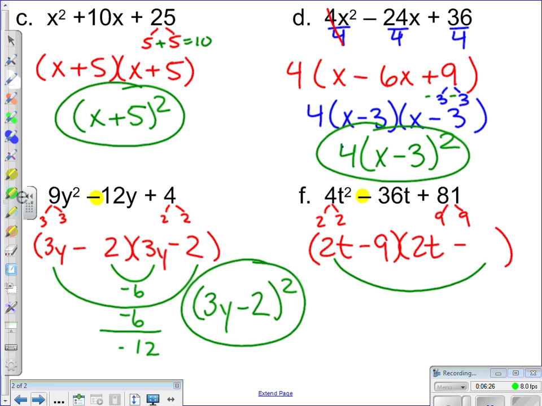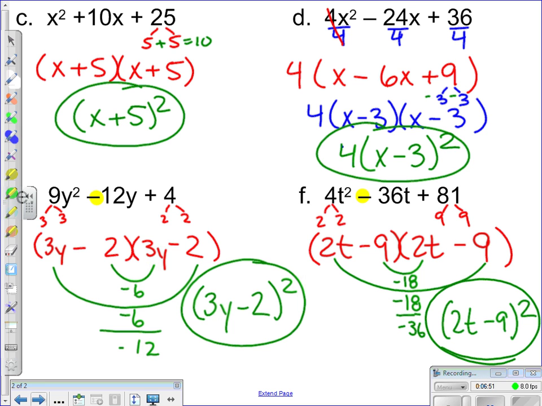So those were 9s. So 2 times 9 will make the negative 18. Another 2 times 9 makes the second one. Hey, that makes negative 36, which is the number in the middle. So don't forget, write it once. 2t minus 9 squared. And that's how you factor perfect square trinomials.